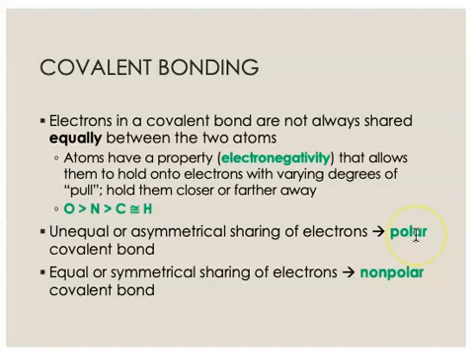So a polar covalent bond is simply a pair of electrons that's being shared between two atoms, and those electrons are being shared unequally. One atom is holding the electron pair closer to it and farther away from the other atom. Sometimes two atoms come together and they share a pair of electrons perfectly equally in a covalent bond. We also give that type of bond a name. That's referred to as a nonpolar covalent bond.